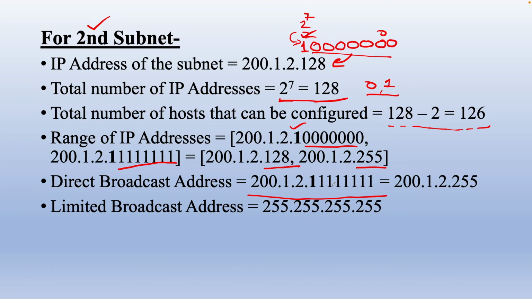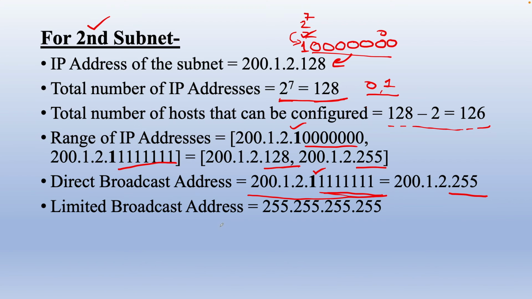Remember that for the direct broadcast address, all host bits are ones. The 1 was already fixed for the network part, and the 7 host bits are also converted into ones, and in binary to decimal conversion they add up to 255.